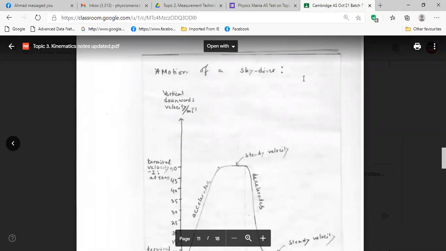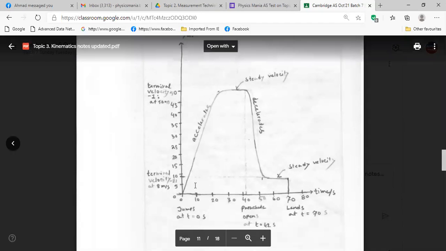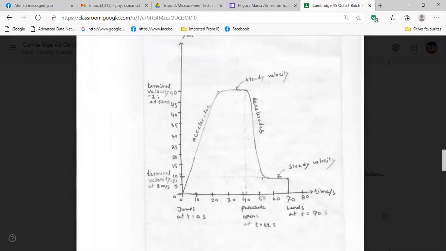So, motion of a skydiver, we have velocity in the y-axis, time in the x-axis, and we have the parachutist falling down with constant acceleration at the beginning.